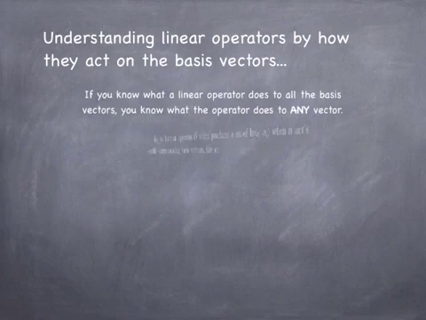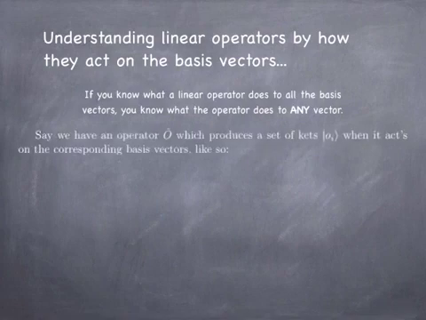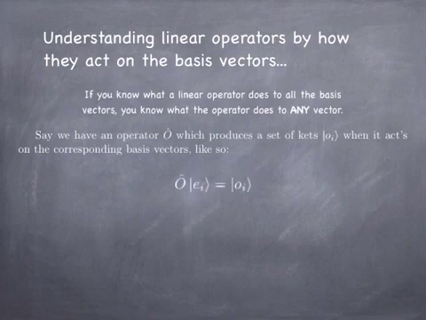So that's the idea. Say we have an operator O, which produces a set of kets O sub i when it acts on the basis vectors. So like this. O acting on the E sub i basis vector produces a special new vector called O sub i. Okay, that's the idea.